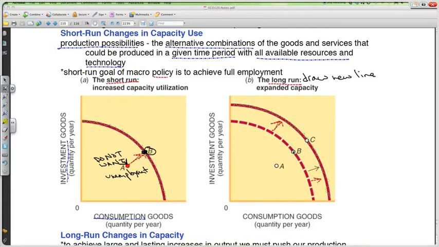So in this one, now both A and B are causing unemployment. And that's because we want to be here at point C. Because here at point C, we're at our maximum capacity to produce.